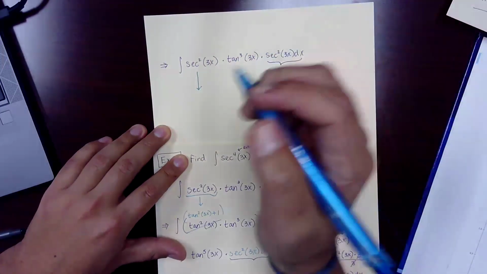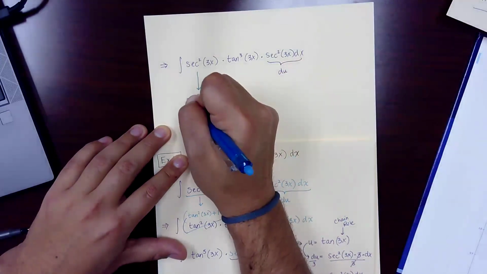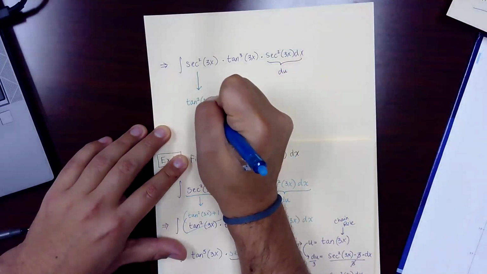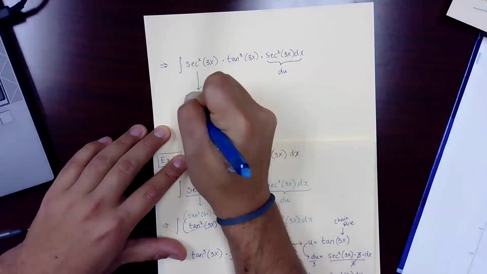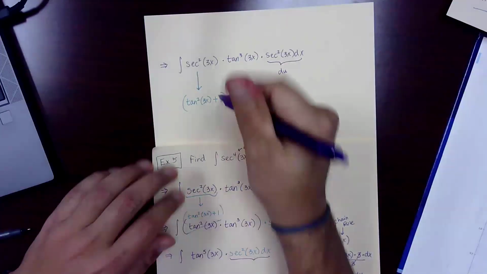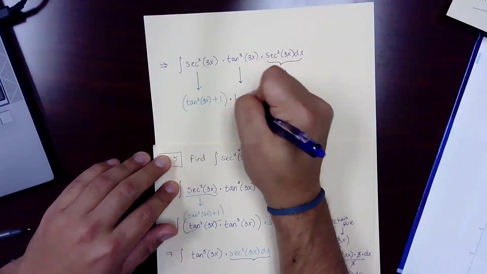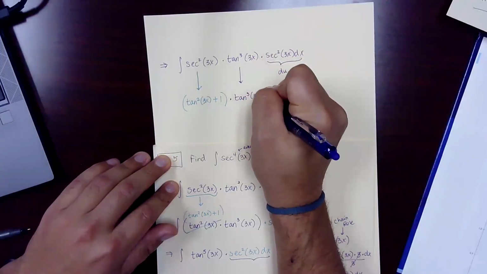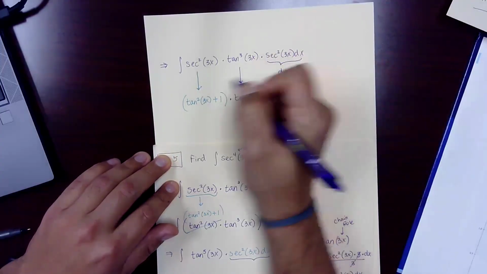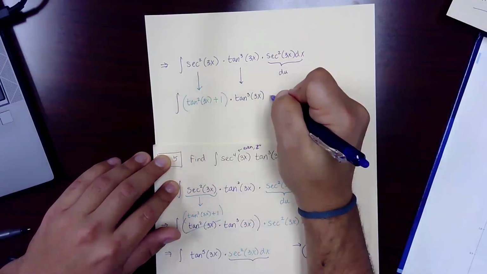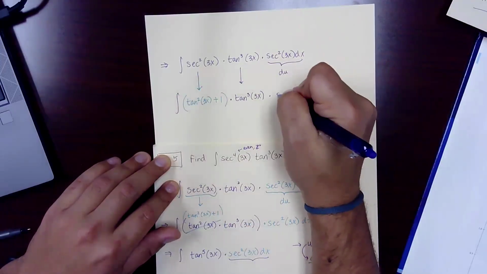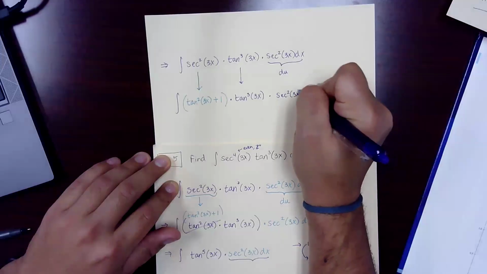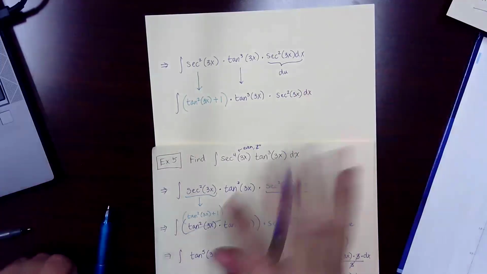It happens. This should have then been tangent squared of 3x plus 1 times this tangent to the third power of 3x times secant squared 3x dx. But everything kind of proceeds the same.